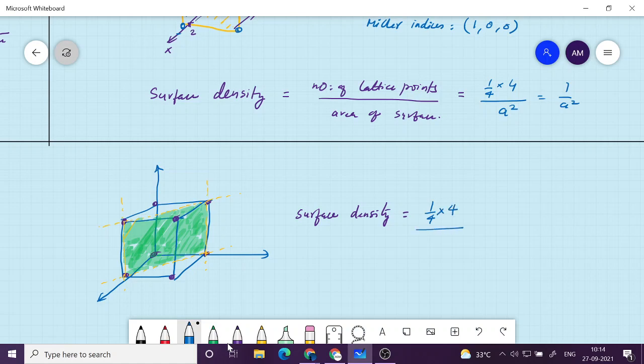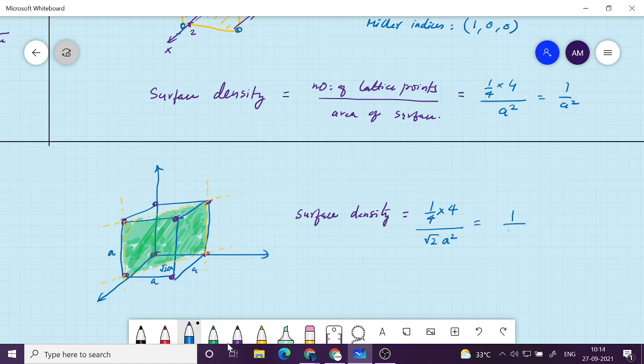Now divided by the area of the surface. Now the area of the surface is not a square. This is A. We have a cube whose sides are A. So by Pythagoras theorem, this diagonal is basically root 2A, the square root of A square plus A square, which is the square root of 2A square, so it is root 2A. So you have to write the area as root 2A square.